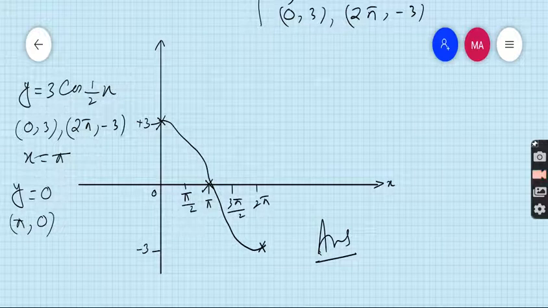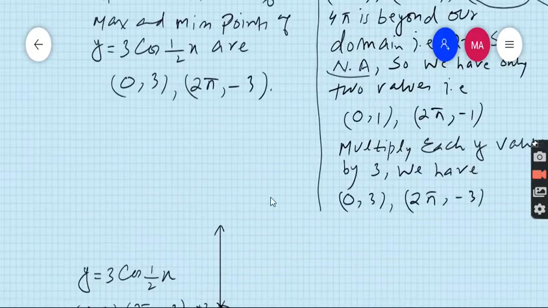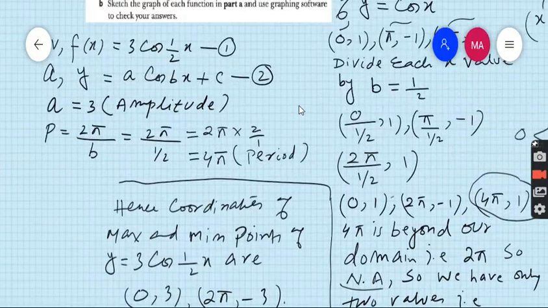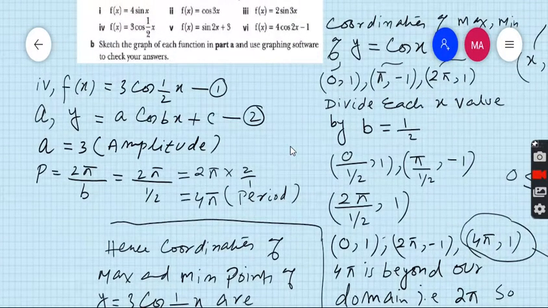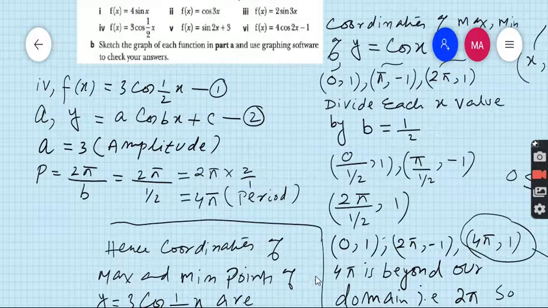Now we have to check according to the question. Part B, sketch the graph of each function in part A and use graphing software to check your answer.